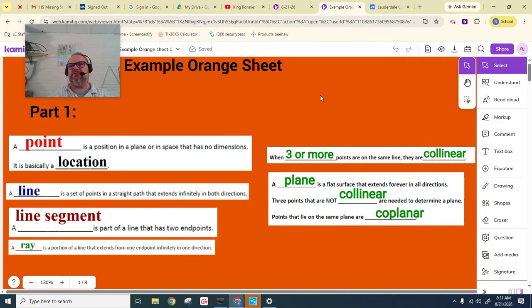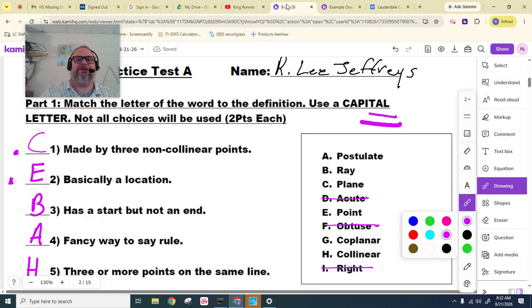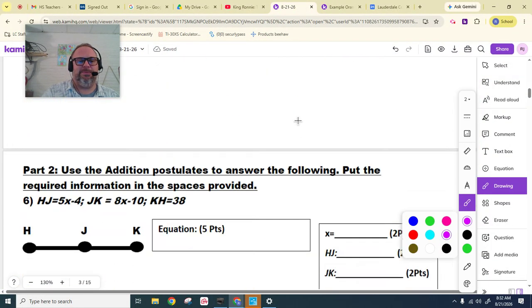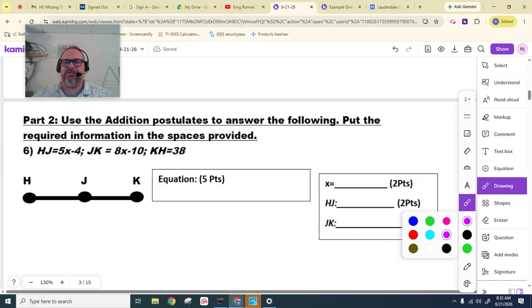That's where a lot of my stuff comes from, is the notes. I wonder if there's a reason why I'm pulling stuff for the example orange sheet from my notes. Yeah, because the notes are important. Okay, very good.